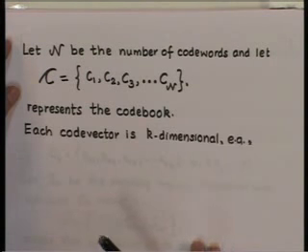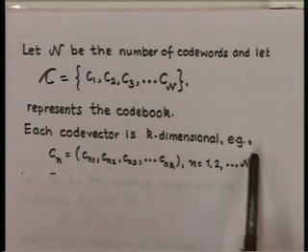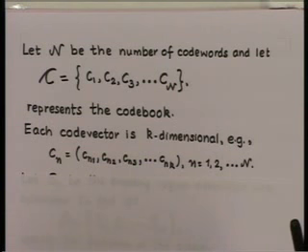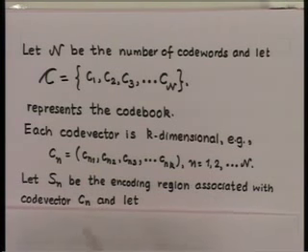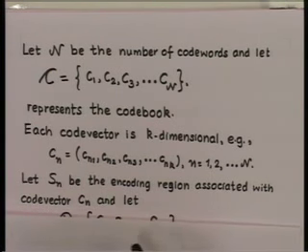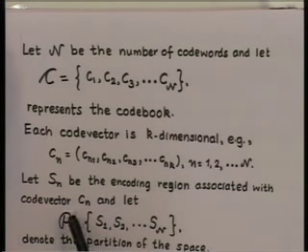Now, each code vector is k dimensional, given as shown here, and let S_n be the encoding region associated with code vector C_n, and let P be the set consisting of these encoding regions.